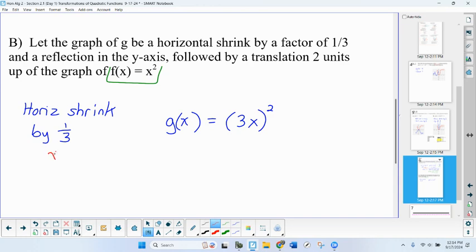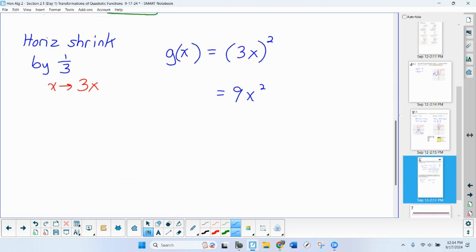She said she's going to make all of her x's become 3x. Horizontal, flip it. Horizontal affects x, 3x. Now, clean it up, Paige, before you go on. What do you get when you square 3x? 9x squared. Yeah, I had one person in this class, when they squared it, they forgot to bring the square down. They made it a line instead of a U. Careful, okay?